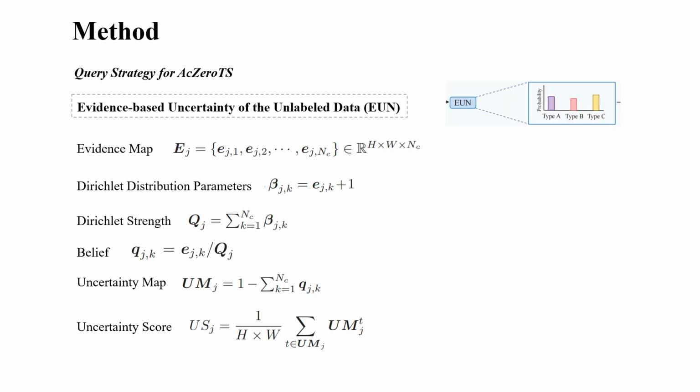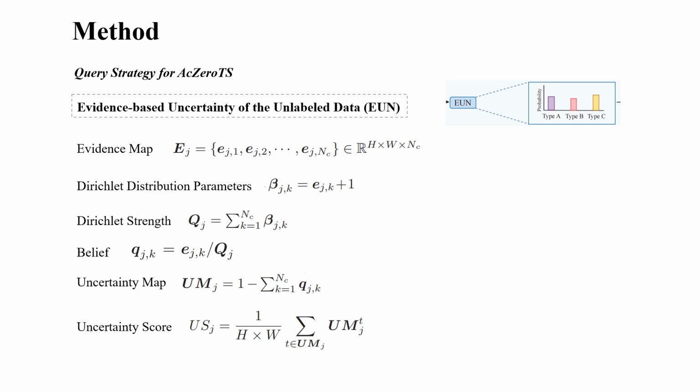Considering the image with rich information is crucial for the generalization ability of the model, we adopt an evidence-based uncertainty estimation technique to avoid the issue that the traditional entropy-based methods tend to produce inflated confidence values, even for incorrect predictions. Specifically, for the unlabeled image, we calculate its score map without applying softmax. Then we adopt the ReLU activation function to derive its evidence map EJ.